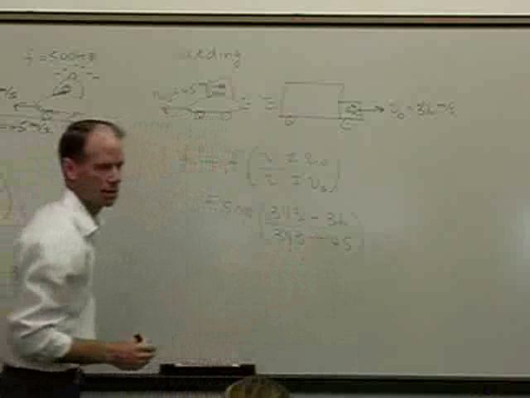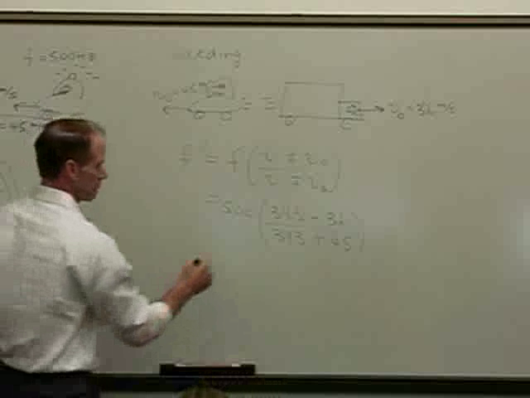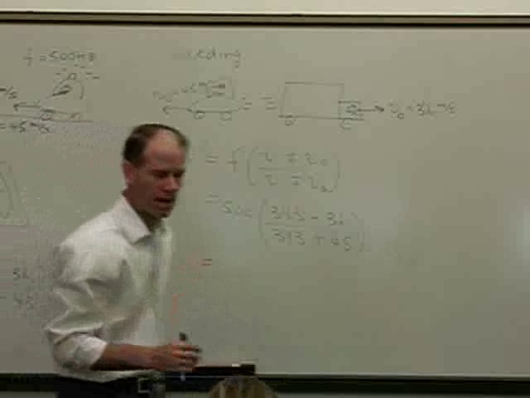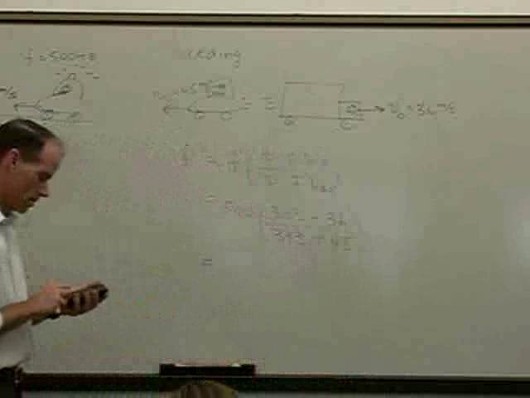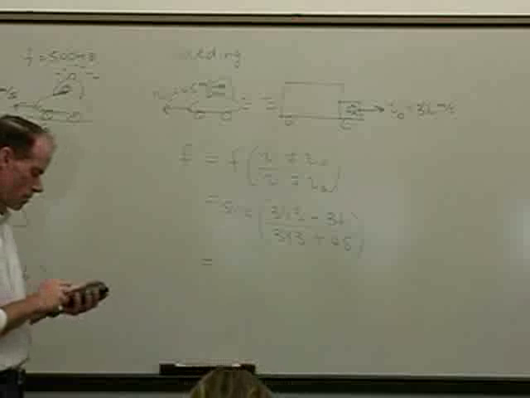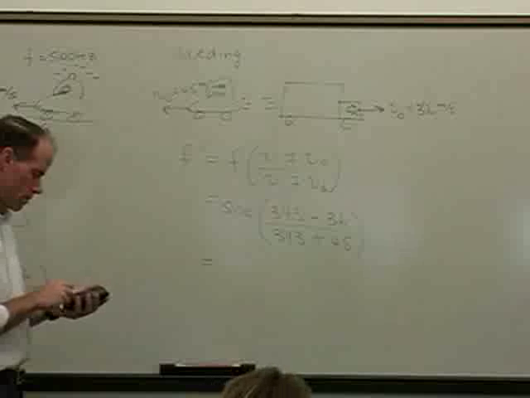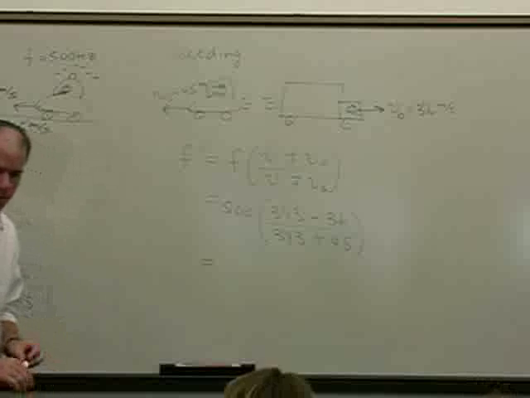Same thing, the source is trying to back away from the observer. I put that data in there, and I get 395.6.